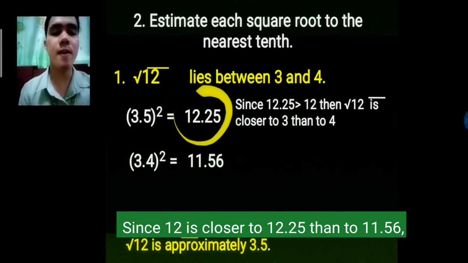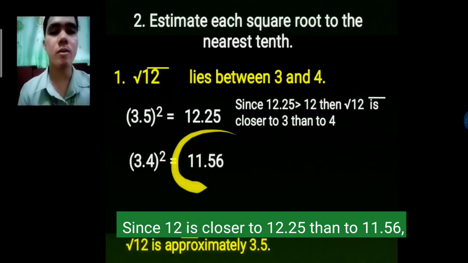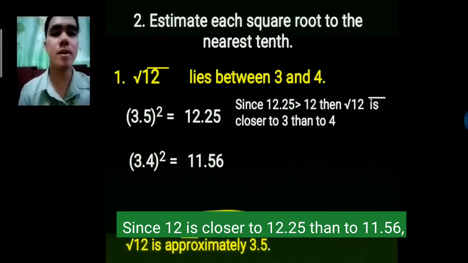Therefore, 12 is nearer or closer to 12.25 than to 11.56, so we will choose this value instead of this one. So square root of 12 is approximately 3.5. Okay? So just choose the closer one, that is 3.5.